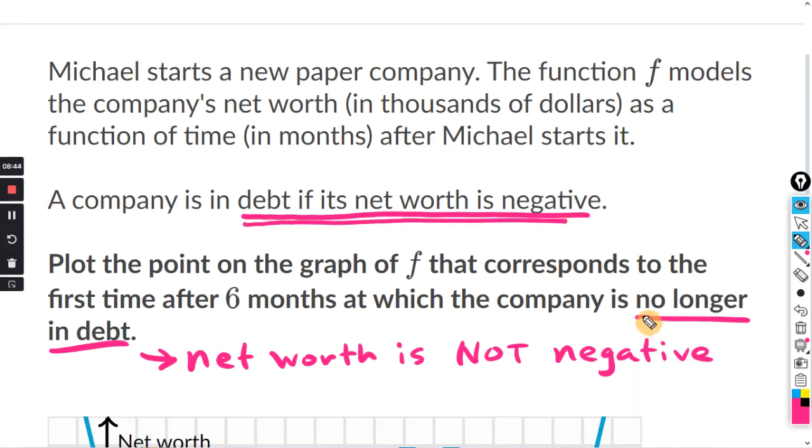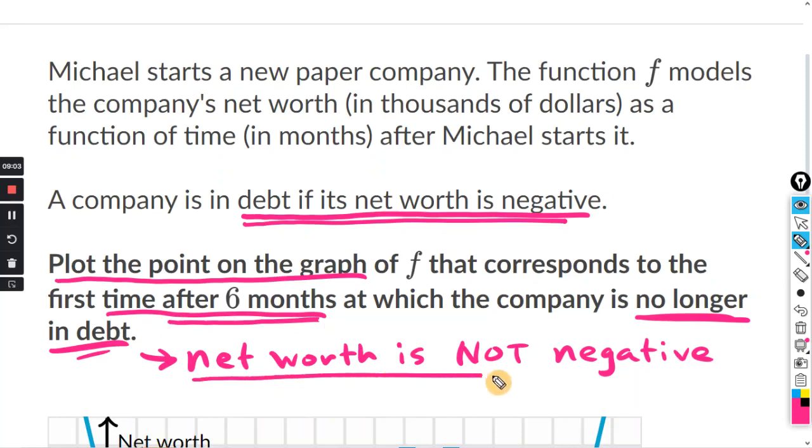We want to find out when it's no longer in debt. So that means the net worth is not negative. And it has to be the time after 6 months. And as always, we're going to plot the point on the graph itself. So we're going to go after 6 months, and we're going to find out when the net worth is not negative. Okay, so in other words, it has to be 0 or positive. If it's not negative, it's going to be 0 or positive, and it's going to be after 6 months, and it's going to be on the graph.